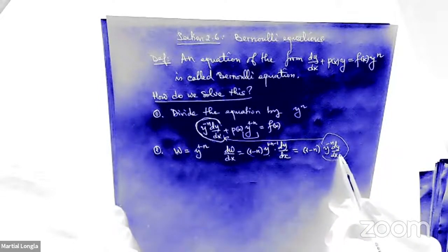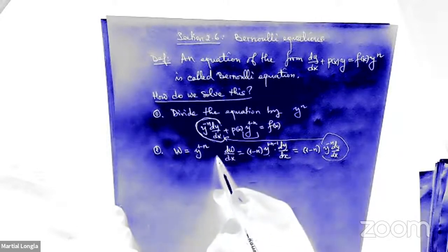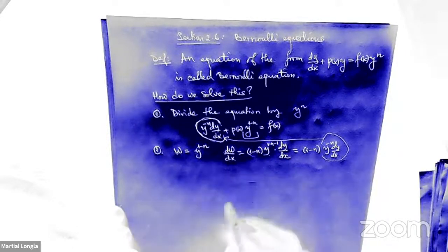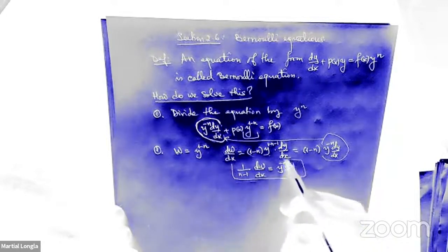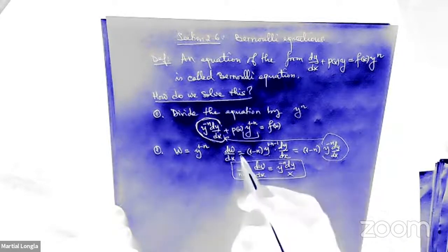And what is this equal to? It's 1 over 1 minus n, dw over dx. So we can solve for this: 1 over 1 minus n, dw over dx is y to the negative n, dy over dx.